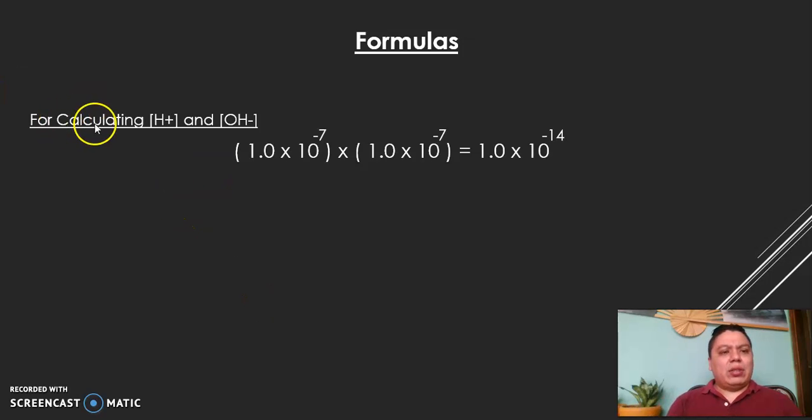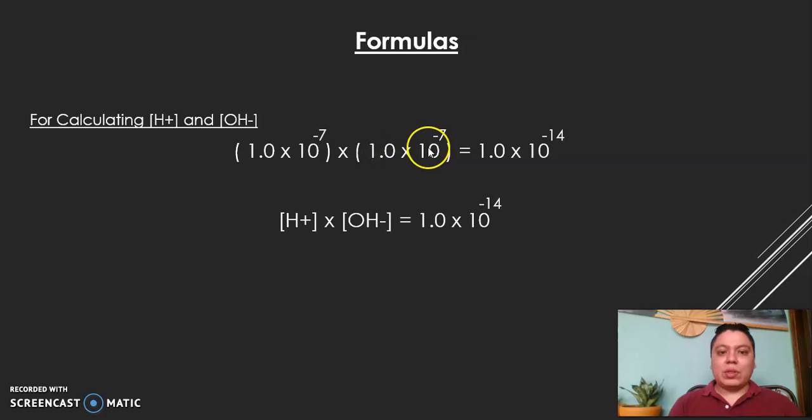If we want to calculate the concentration of hydrogen ions and the concentration of hydroxide ions, we start again with this equation. From here, we can say then that one formula is the concentration of hydrogen, which is this one over here, times the concentration of hydroxide ions is equal to 1 times 10 to the negative 14.